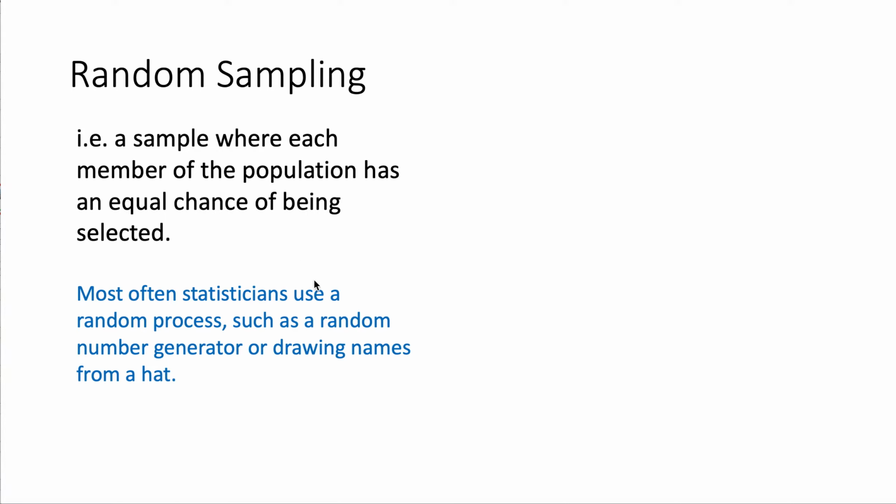First is random sample. The main idea with random sample is that each member of the population has an equal chance of being selected. How do you assure this? Well, these days mostly we use a random number generator, or you could just draw names from a hat.